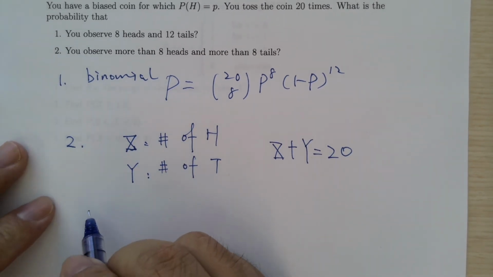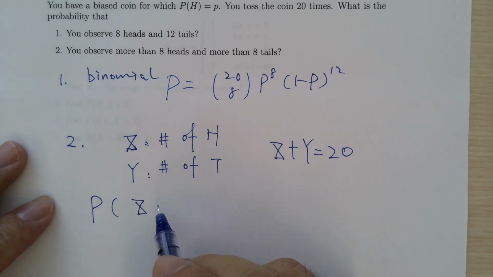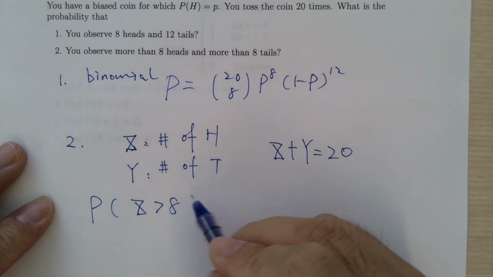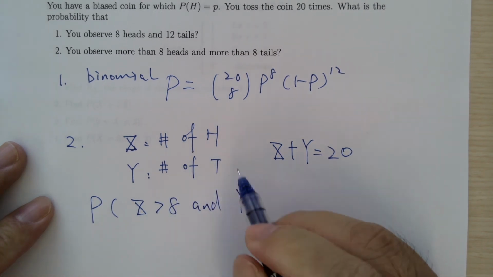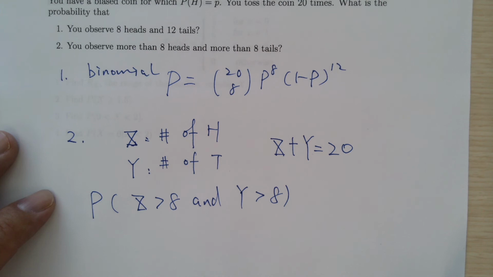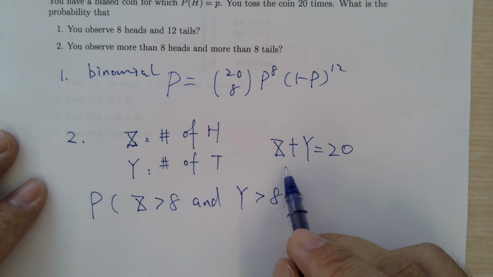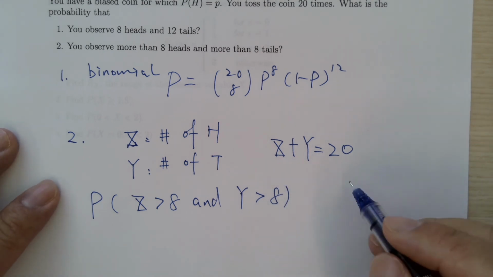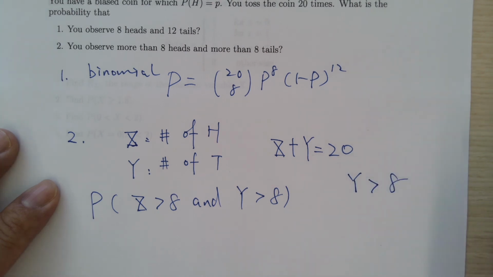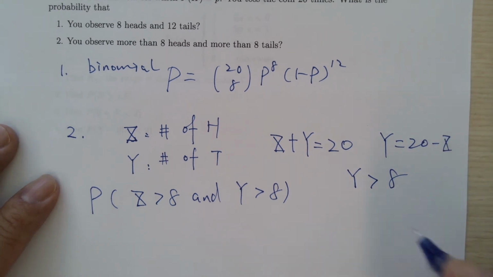And then we're looking for, okay, what is the probability that X is greater than 8, right, and Y is greater than 8, okay? So since X plus Y equals 20, for Y greater than 8, we can solve Y in terms of X, which is 20 minus X. If we make the substitution, you get 20 minus X is greater than 8.